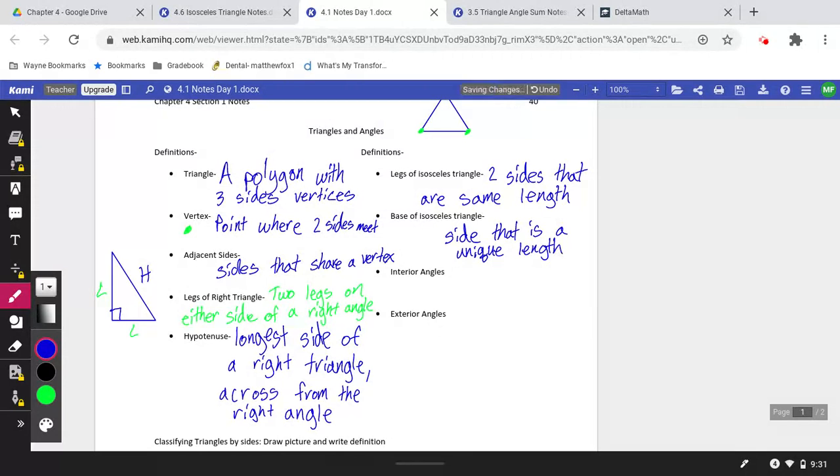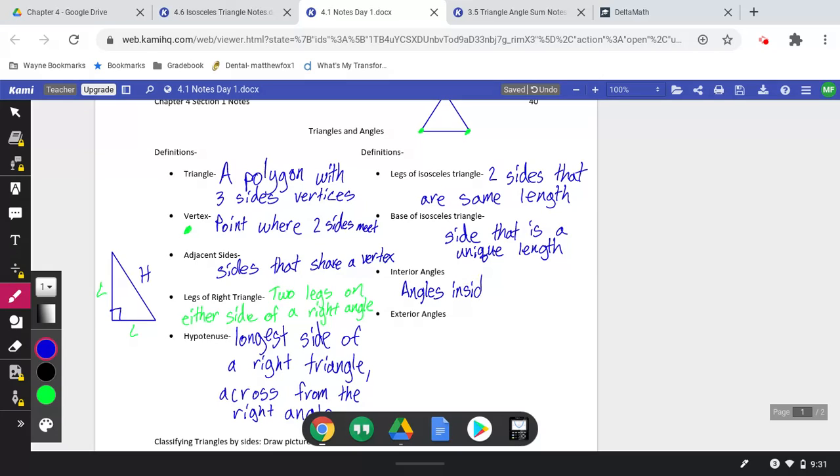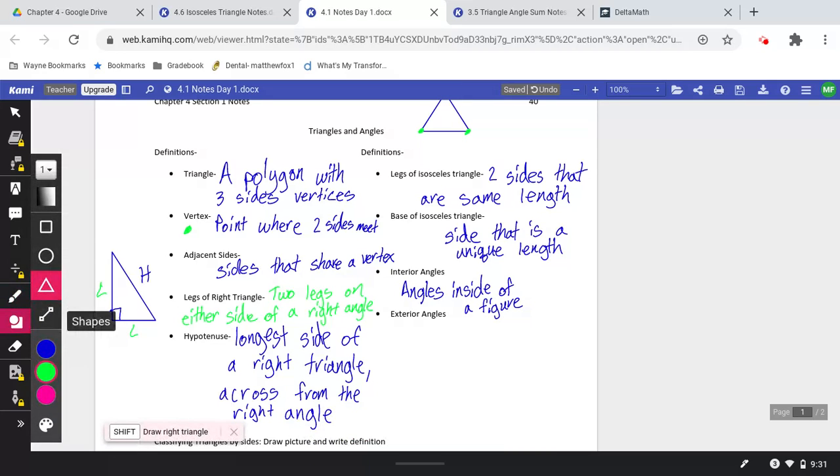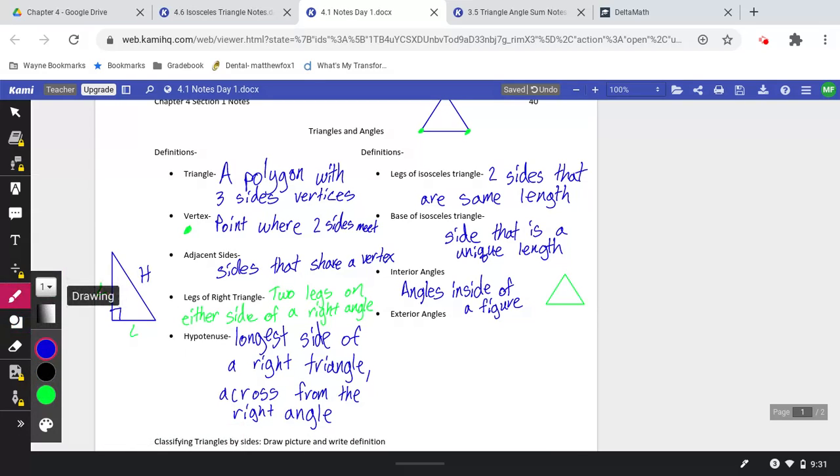All right, now your interior angles. We already know this. It's just the angles inside of our figure. So if we draw our picture here, right there, there, there. What I shaded in blue, those are my interior angles.